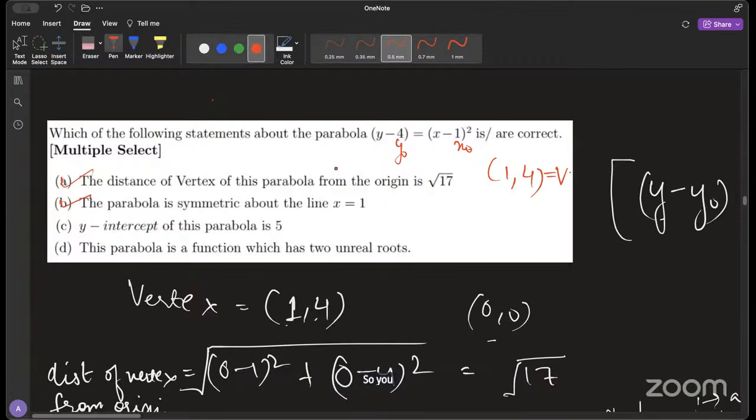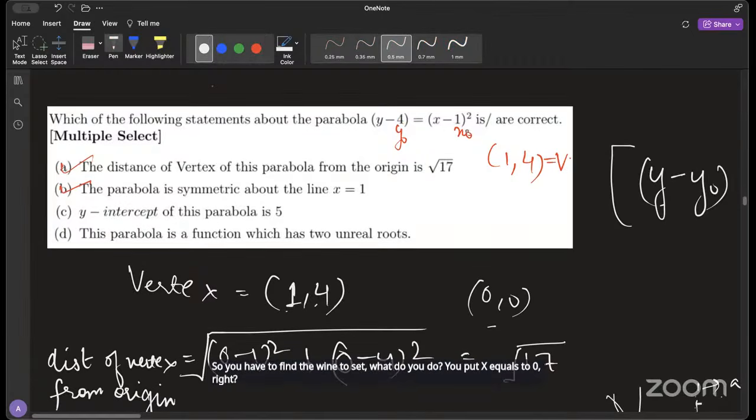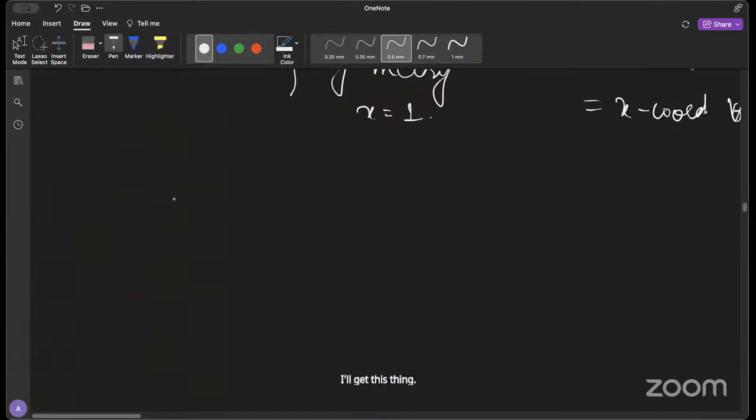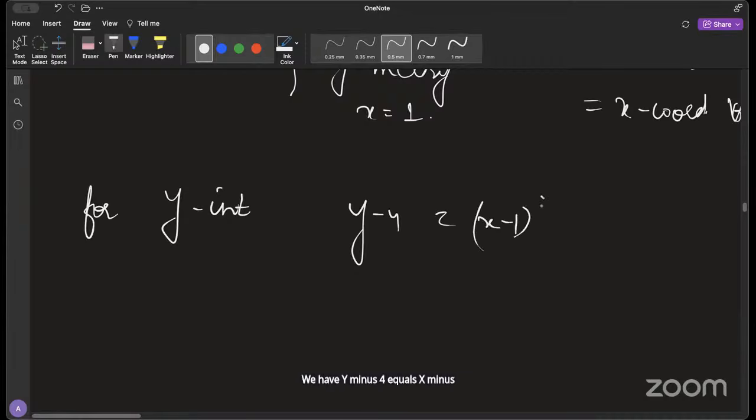So you have to find the y-intercept. What do you do? You put x equals 0, right? If I put x equals 0 in this equation, for the y-intercept, we have y minus 4 equals x minus 1 squared.